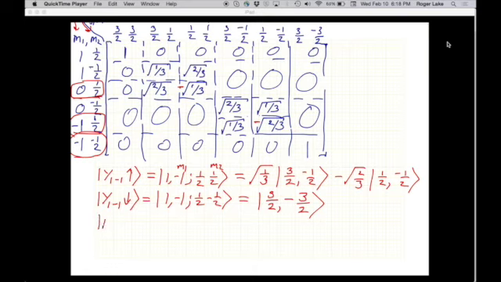So px up is 1 over root 2 times y1 negative 1 up, minus y11 up.